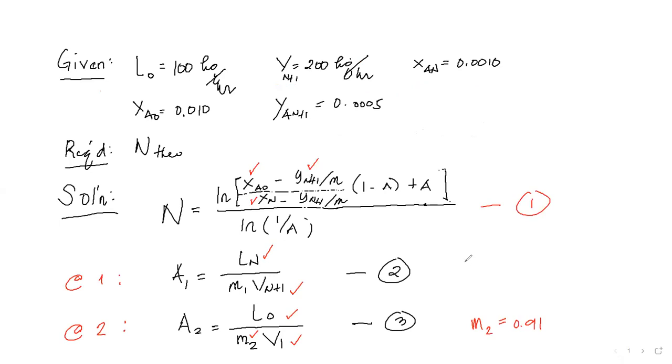So your M1 is 0.806. Now, with all the values that we got, we can now determine the A1 and the A2. Now, with the M's that we have, we solve for the geometric mean of the two. So let's go here.